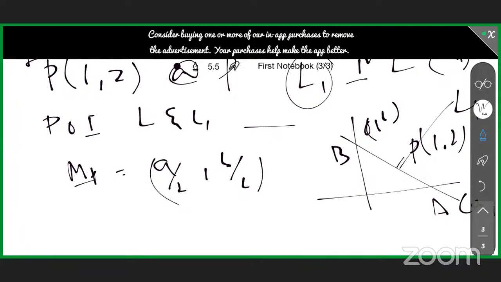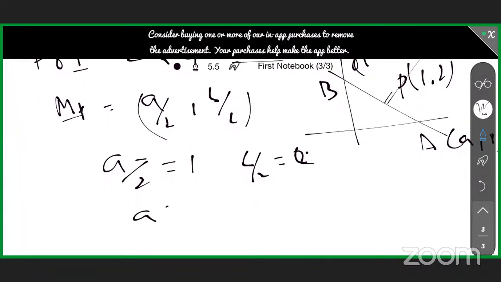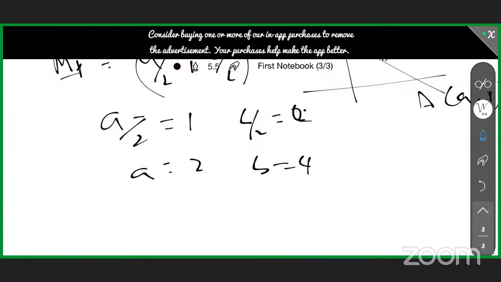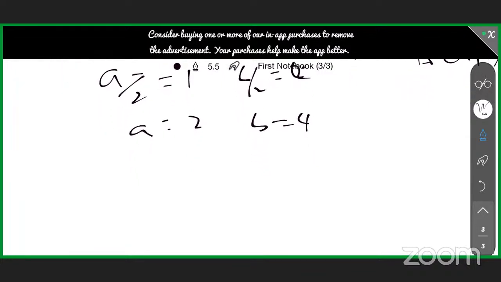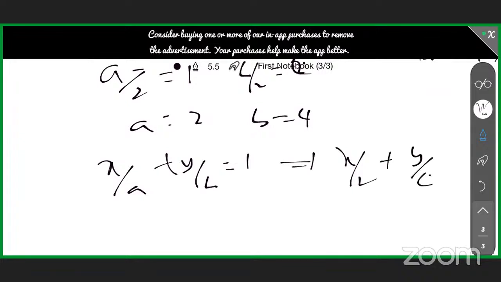They are telling that point (1, 2) is the midpoint. Therefore A by 2 is equal to 1, B by 2 is equal to 2, so A is equal to 2, B is equal to 4. So now we got A and B, therefore the equation will become x by A plus y by B is equal to 1. This implies x by 2 plus y by 4 is equal to 1.